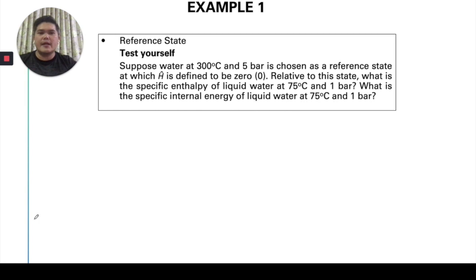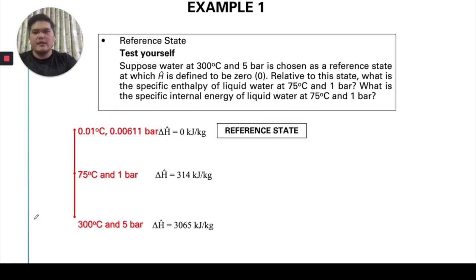So this is where we want to look at the specific enthalpy and specific internal energy of the liquid water at 75 degrees Celsius and 1 bar, given that now, instead of using the triple point as the reference point, we want to use the water at 300 degrees Celsius and 5 bar as the reference state. So let's look at the values that are given.